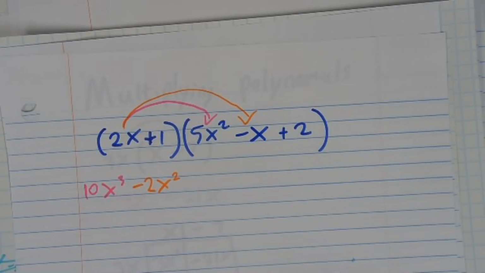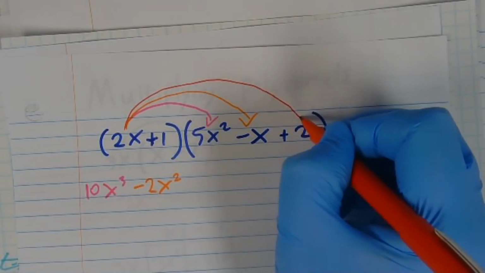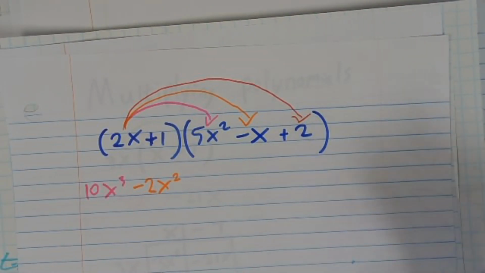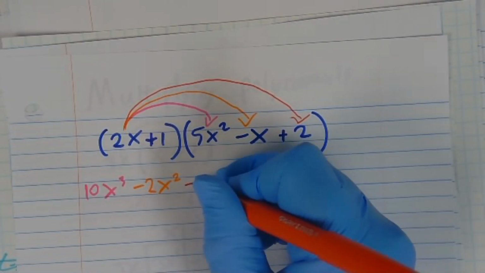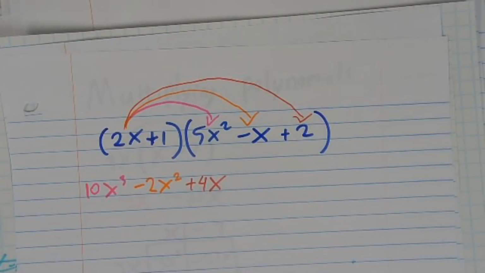And I'm not even done with my first term from here yet, because now to do 2x times 2. 2 times 2 is 4, so that's 4x. And now I've resolved the things from the first one.